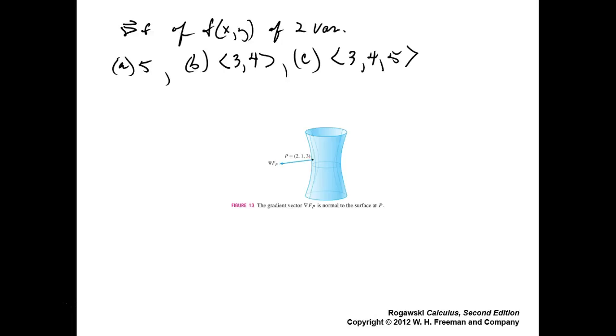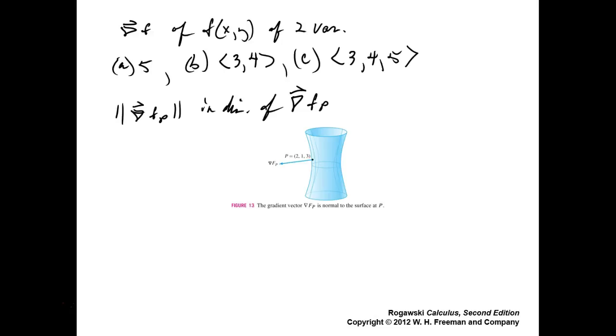A differentiable function increases at the rate of the magnitude of gradient f at P in the direction of gradient f at P. Okay?